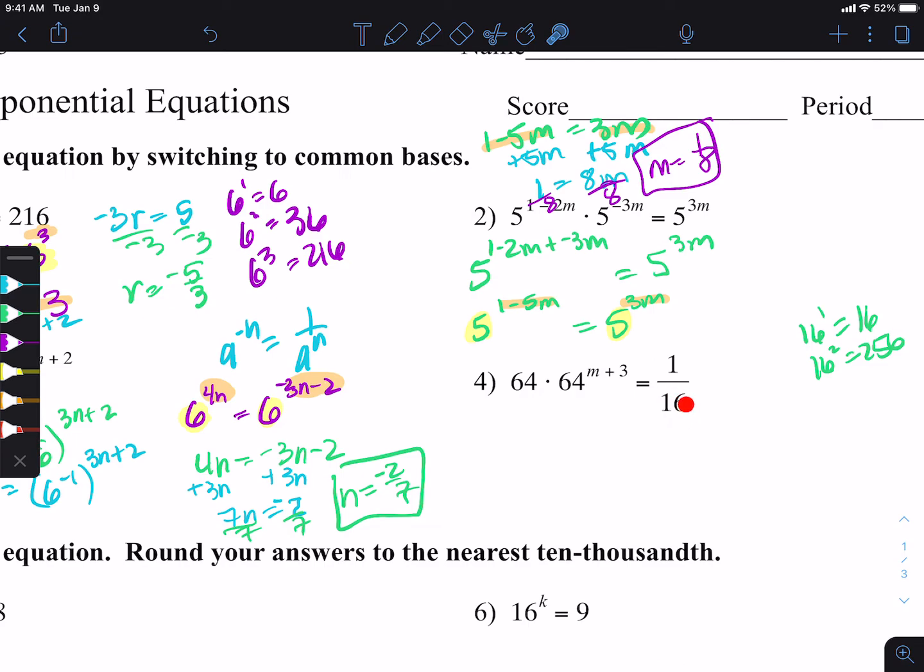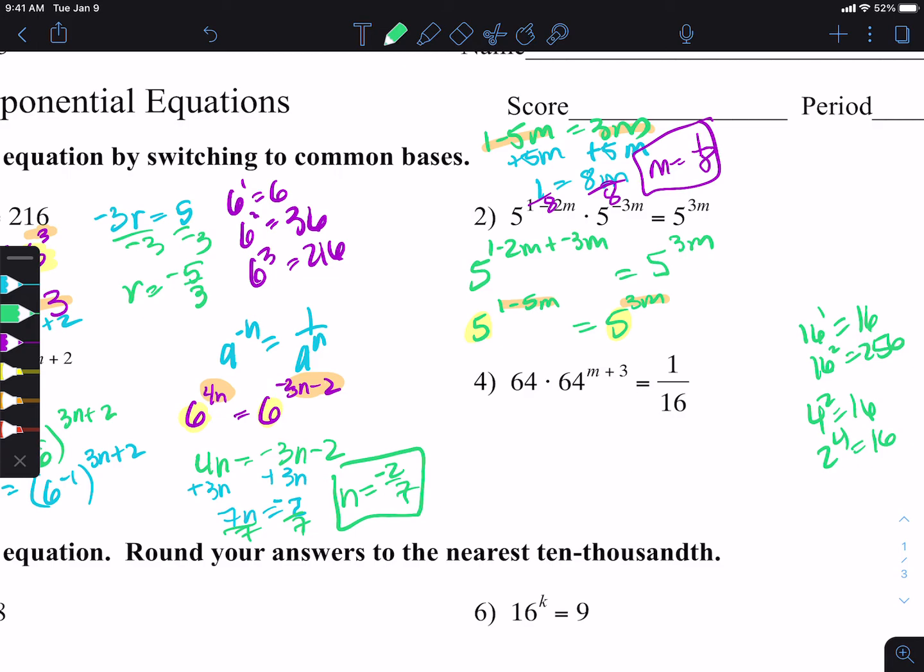If I think of 16, I know that I can write 16 as 4 squared. We could also write it as 2 to the 4th, which is 16 as well. Then I want to make sure that I can get 64 either as a base of 4 or as a base of 2.